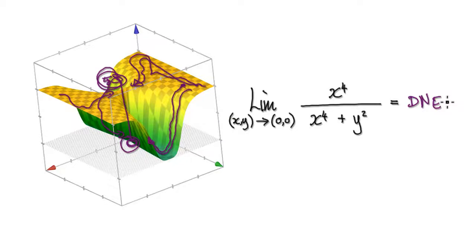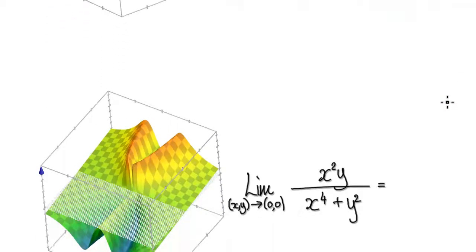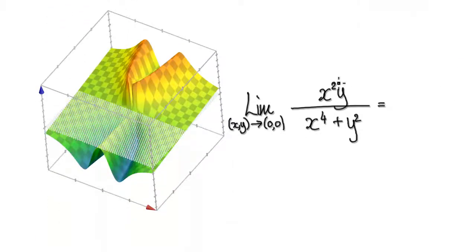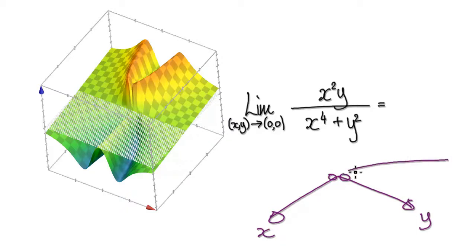Here's another example. Here, if you head towards the origin, so imagine this domain being in your mind, y, x, and this is the origin here, 0, 0. If you head towards the origin in a straight line, it will lead you to a different limit. So a straight line would probably look something like this.